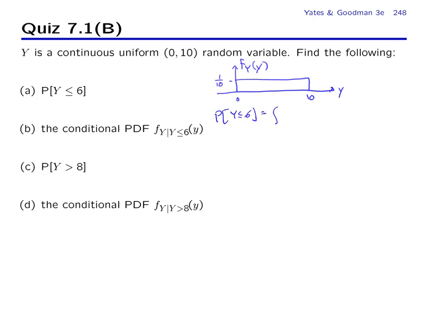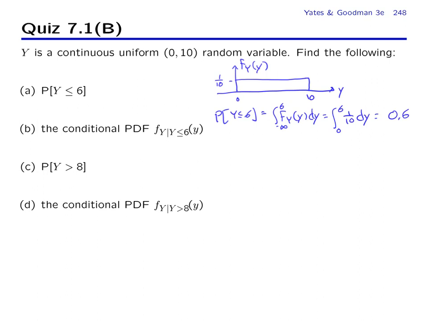That's equal to the integral from minus infinity to 6 of the PDF of y, and that's equal to the integral from 0 to 6 of 1/10 dy. And it's exactly 0.6, as you would expect.